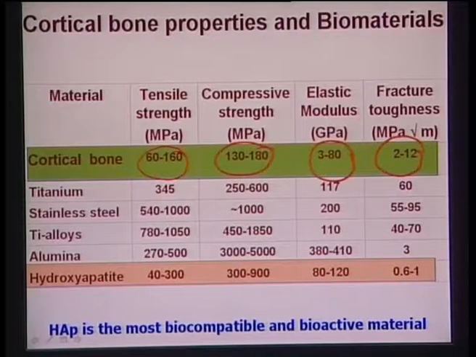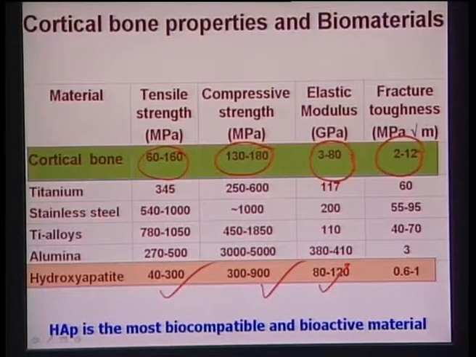Now if you compare the cortical bone properties with those of hydroxyapatite, you notice that hydroxyapatite has tensile strength, compressive strength, as well as elastic modulus which are just matching or even higher than those of cortical bone.